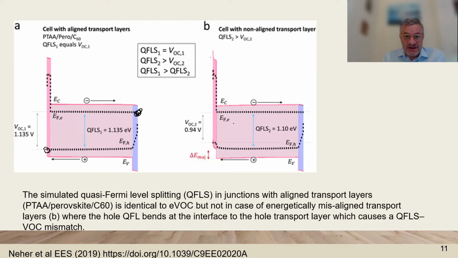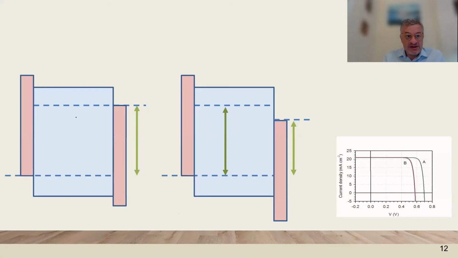So this is decreasing the internal separation and the external VOC. We have seen that there can be a decrease of the internal separation of Fermi levels, or a loss in the transduction of the Fermi level to the outer contact.